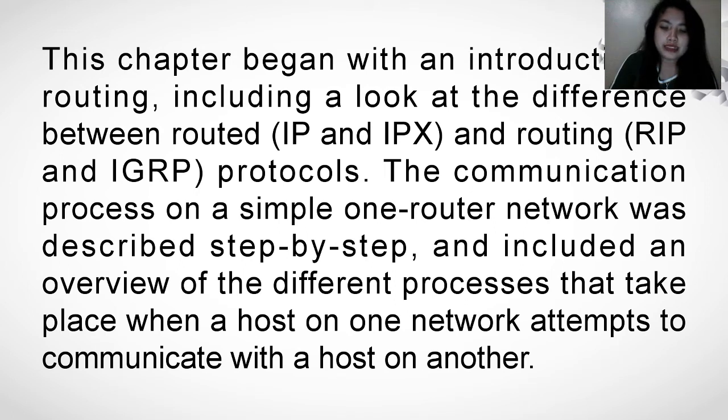A more complex example involving multiple routers and networks demonstrated the way in which routers will forward packets to the next hop address on their journey between a source and destination host on different networks.